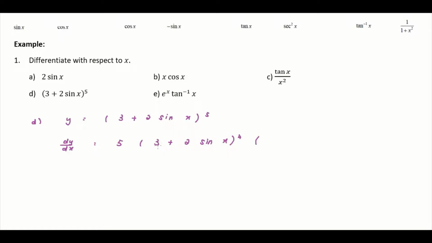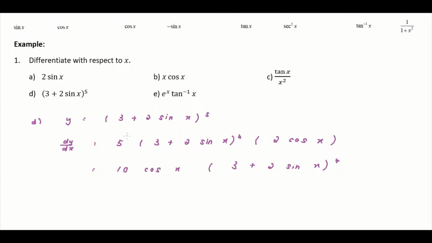Okay, so 3 differentiates to 0, then 2 sine x, after differentiating you get 2 cos x. Okay, so simplify it, the first term and the coefficient in front, you can multiply them together. So you get 10 cos x, then after that (3 plus 2 sine x) to the power of 4.